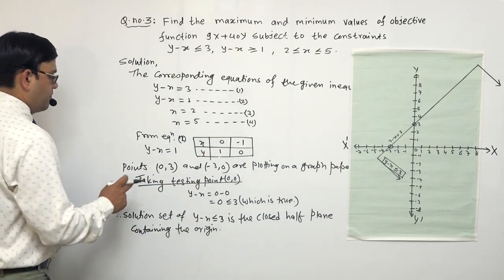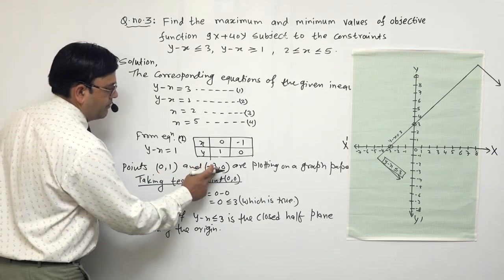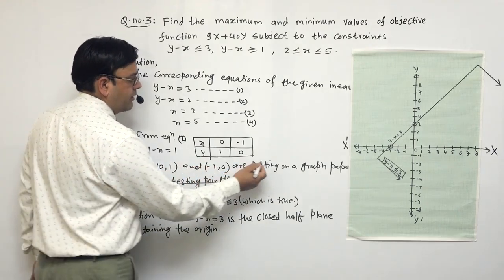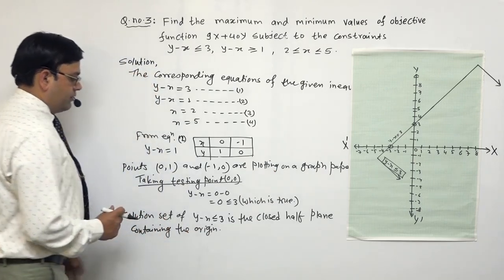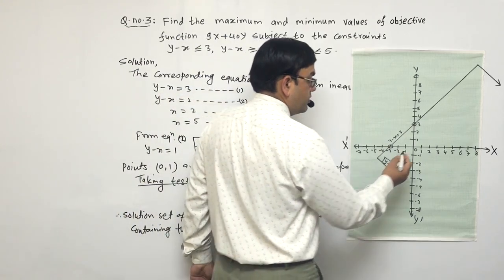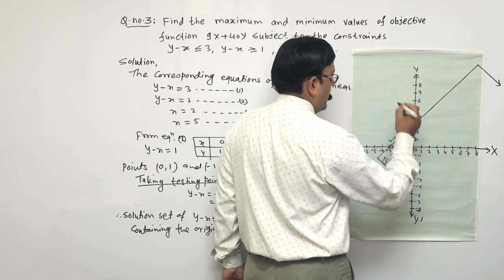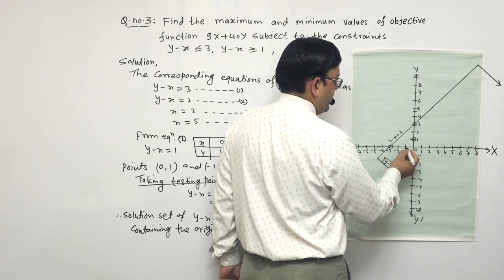So let us plot the points 0 1 and minus 1 0 on the graph paper. 0 1 is this point and minus 1 0 is this point.